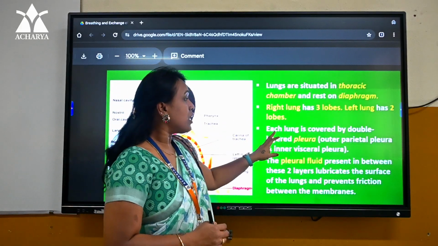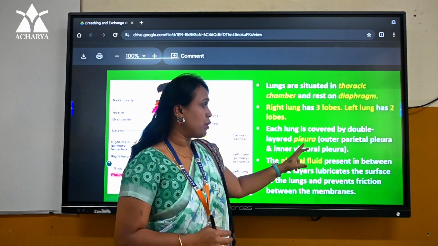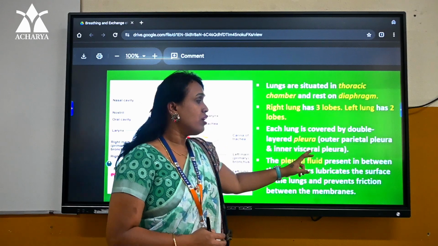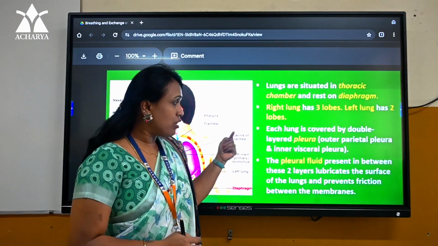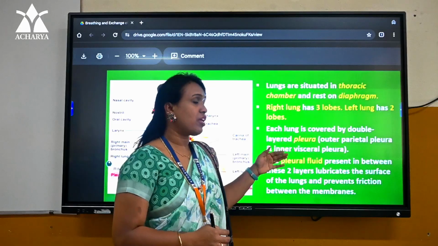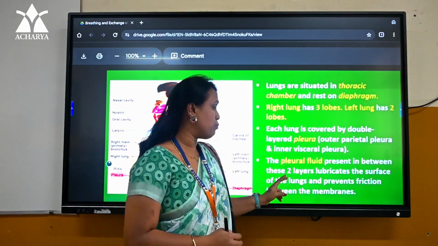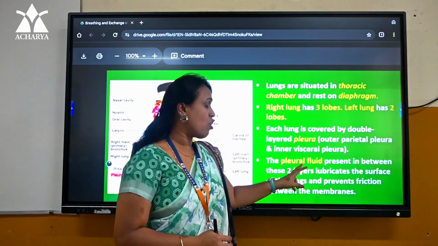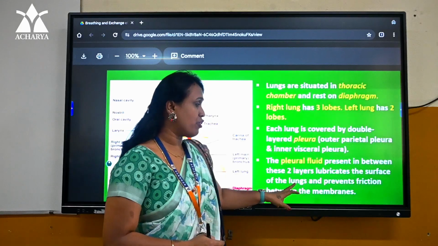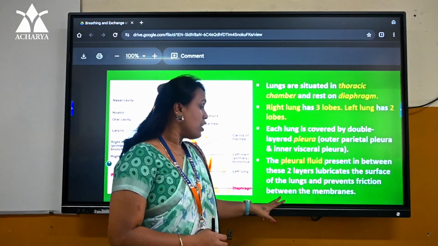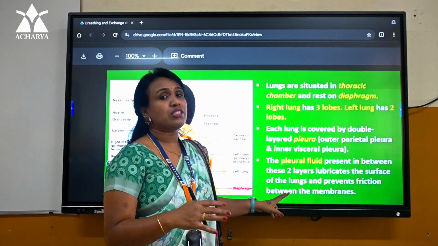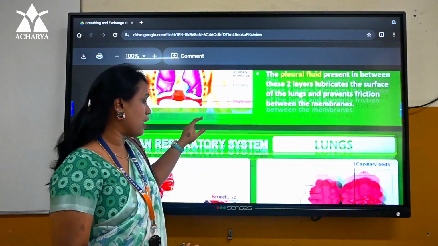Each lung is covered by a double-layered pleura, the outer parietal and the inner visceral pleura, and in between these two layers there is pleural fluid, which lubricates the surface of the lungs and prevents friction against the membranes as well as the bones of the rib cage.